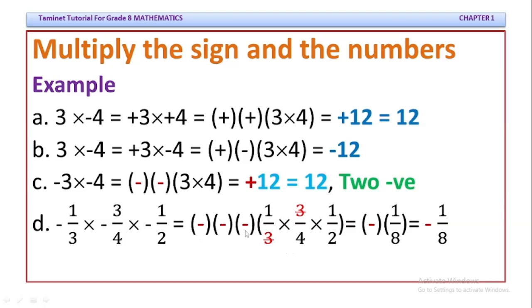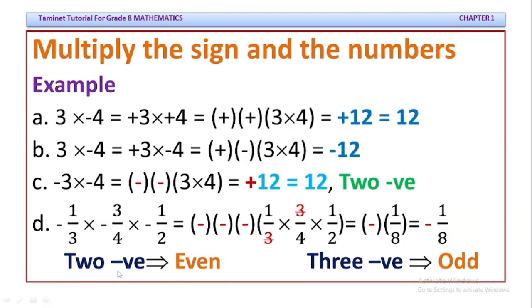There are 3 negatives. It's an odd number of negatives. So the product will be what? Negative. So negative 1 over 8. So finally we can decide the product as negative 1 over 8. So this is the way how to decide the product by the signs of the two factors having the same sign or different signs.